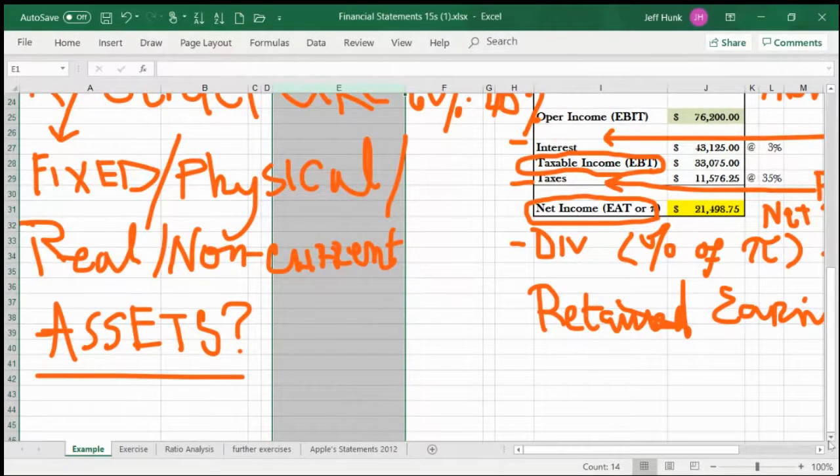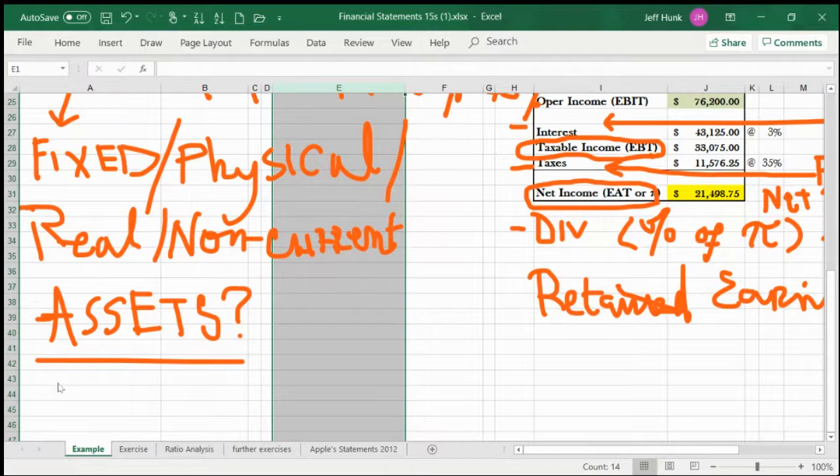First, in accounting class, if you've ever taken accounting, assets are defined as what you own, right? Assets are defined as what you own.